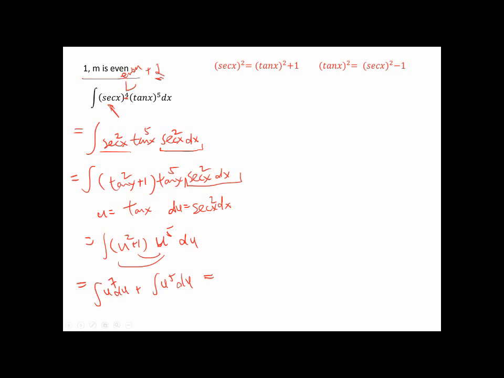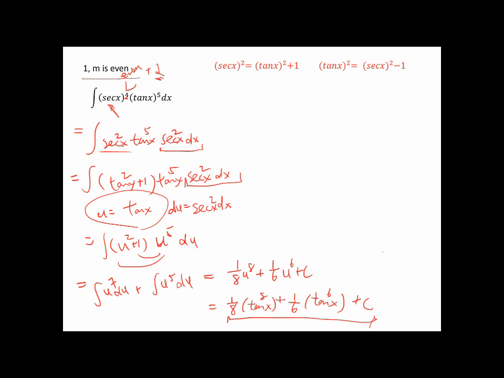This equals 1 over 8 u to the 8th plus 1 over 6 u to the 6th plus c. Plug back your u, which is tangent x: 1 over 8 tangent x to the 8th plus 1 over 6 tangent x to the 6th plus c. This is my final answer here.